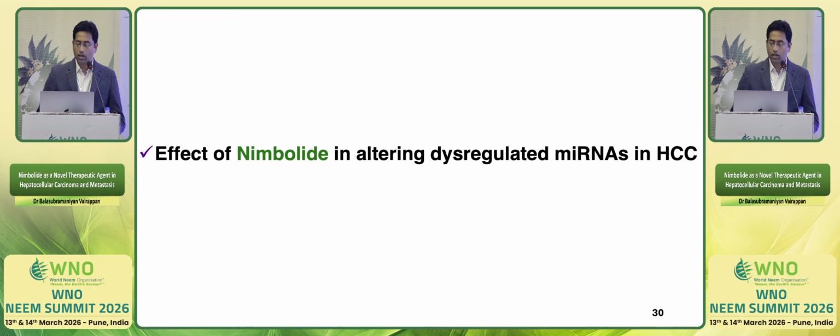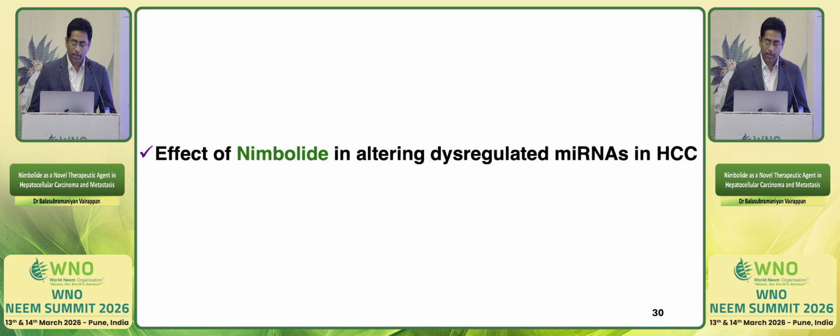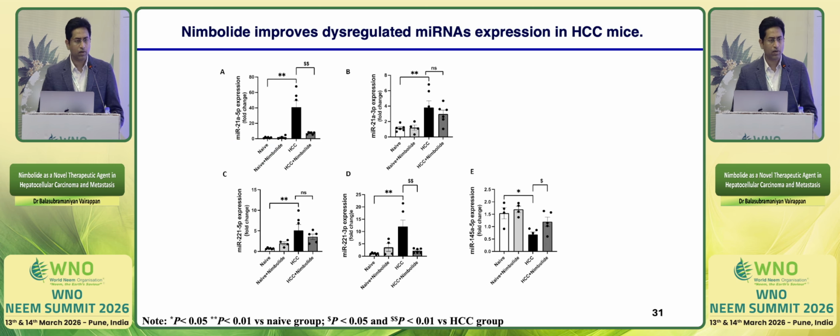So nimbolide also altered dysregulated microRNAs in HCC. We looked at three key microRNAs. These, 21 and 221, are well studied, and these were increased, and 145 is significantly decreased in HCC, and nimbolide treatment reversed this regulation.